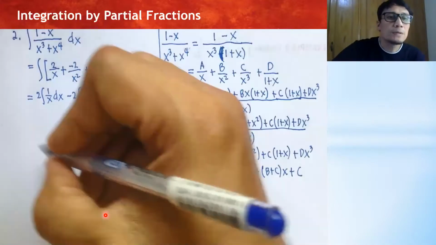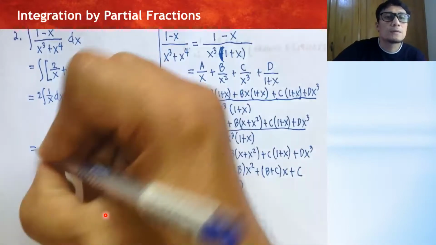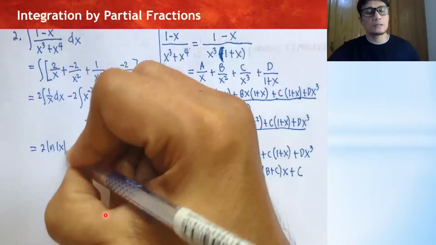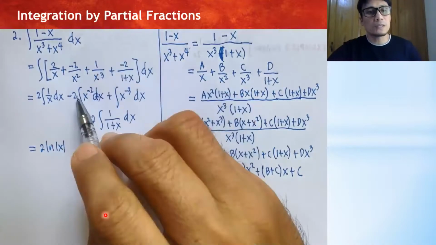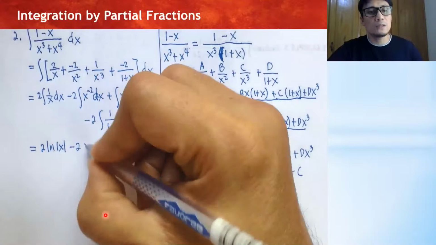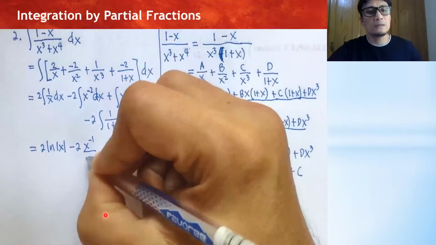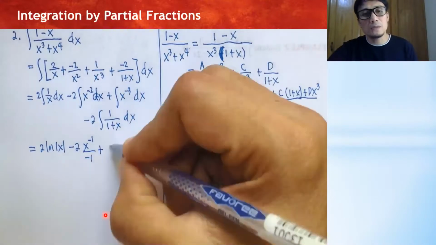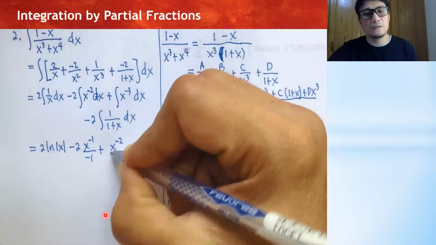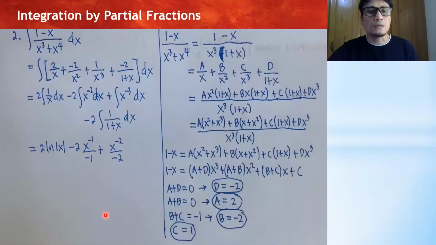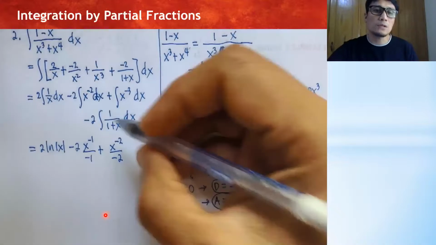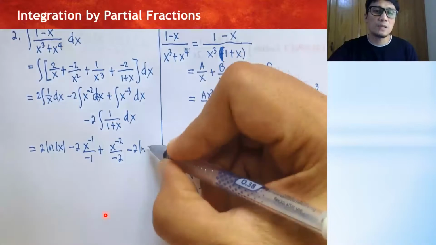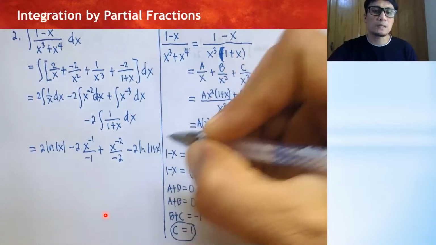And now, this is 2 ln of the absolute value of x. This one here is negative 2, that's u to the n du, so negative 1 over negative 1. Then this one is plus x to the negative 2 over negative 2. And the last one, minus 2 times ln, because the du is present, 1 plus x, then plus c.